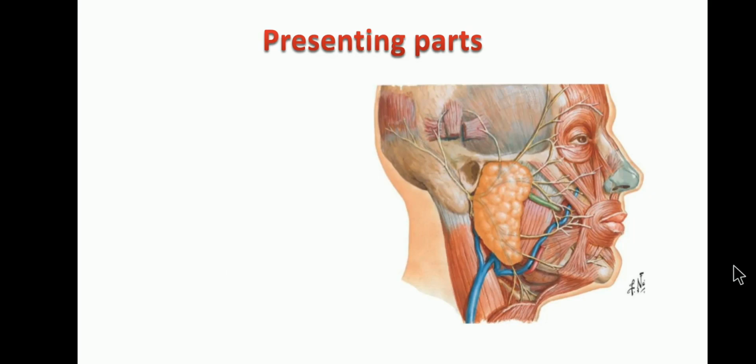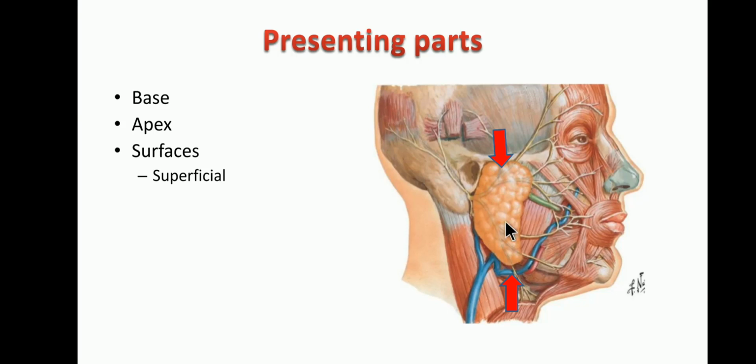The following presenting parts are recognized on gross examination of the parotid gland. It has a base, and an apex which is directed downwards. The base is directed upwards, which is why it is considered an inverted pyramidal shape. It has an apex, a base, and a superficial or lateral surface, which is what you are able to see here.